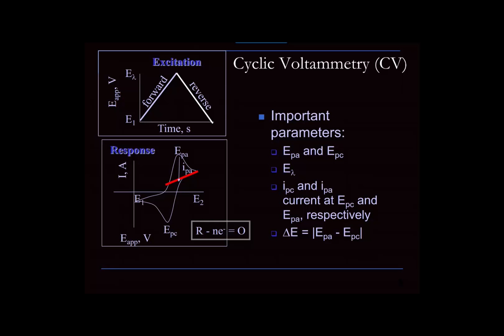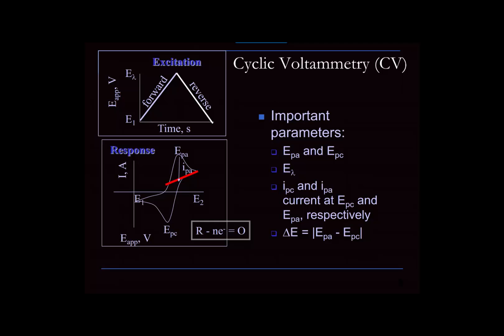But as time begins to pass, you're going to start to deplete the R that was originally available near the electrode surface. So the oxidation current will peak, and it will now start to decay, reflecting the fact that near the electrode surface you're starting to form a lot of O and you don't have so very much R. And it will only decay so far. How much depends on what E2 is, but now you're at that uppermost potential limit that you've chosen.